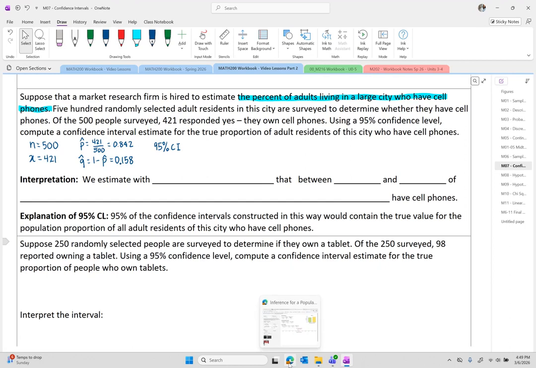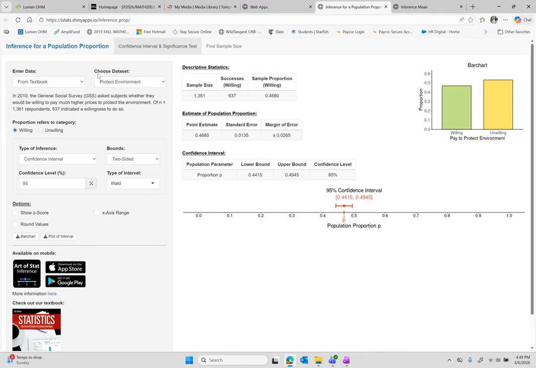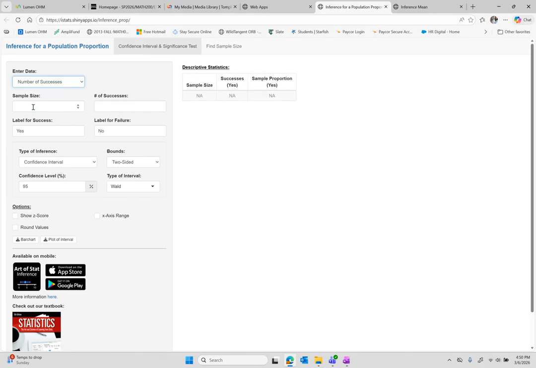And I'm going to use the Art of Stat app. It will ask me to enter data, so I'm going to say that I have the number of successes. I'm not uploading a CSV file. I'm not uploading individual observations. I have the summaries. The sample size was 500.